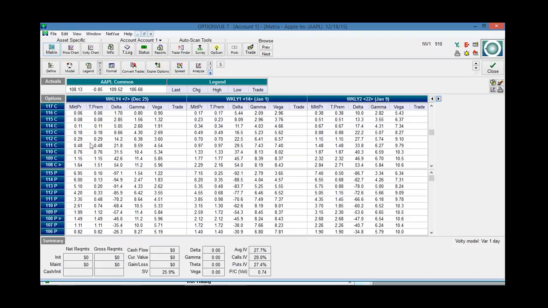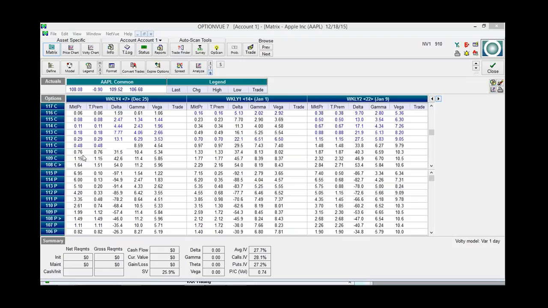Now again, these prices are based on 108.13. When it comes down to 107 and change, the 110s will probably be going for more like 48 cents. So I'm going to say do the 110 calls, but not yet. On the trigger, buy the 110 calls.